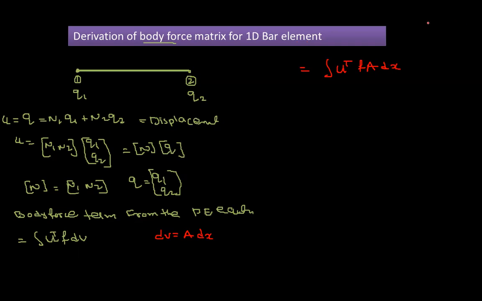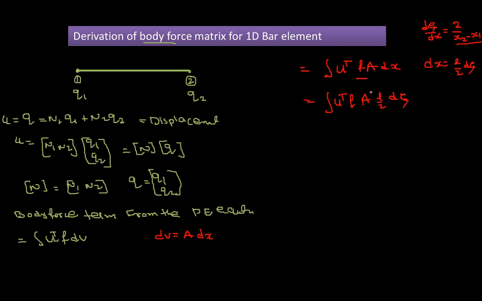We know the relationship d zeta by dx, which is defined as 2 by (x2 minus x1). From this it is possible to define dx, where x2 minus x1 would be the length L. So dx can be written as L by 2 times d zeta. If you substitute here, it can be written as u transpose into F into area into L by 2 times d zeta.